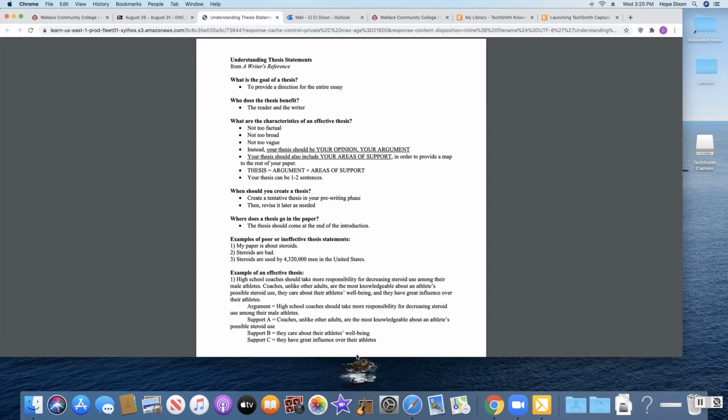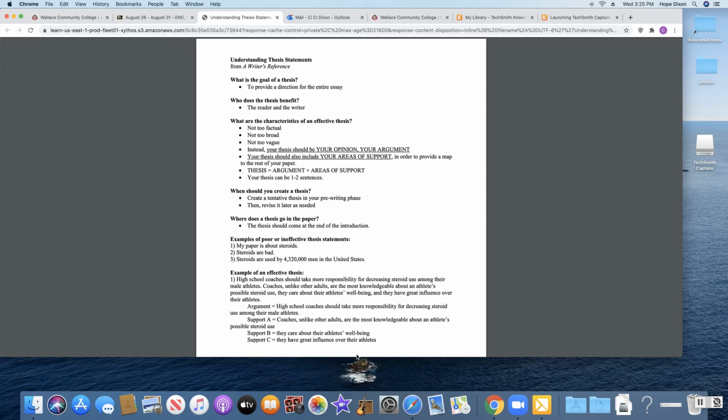So those are the three reasons that high school coaches should take more responsibility for decreasing steroid use among their male athletes. And each one of those reasons will be the basis of a specific body paragraph.